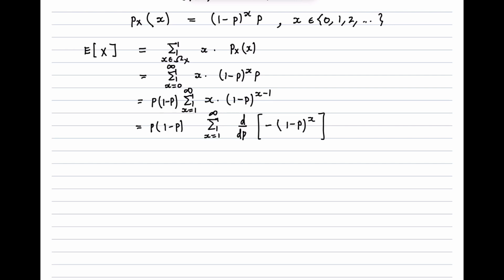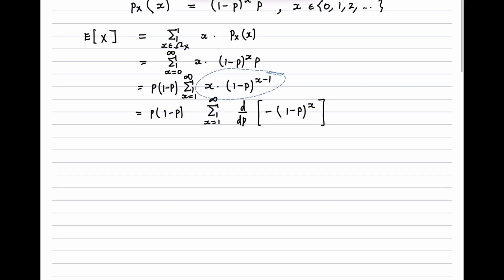You can pause here just to make sure that you recognize that this is the case. But again, if we were to differentiate this expression with respect to p, we'd take the x down the front, we'd subtract 1 off the power, and then of course we'd multiply by the derivative. That derivative with respect to p is just minus 1, and it would cancel the negative here, and we'd be left with that expression up the top.